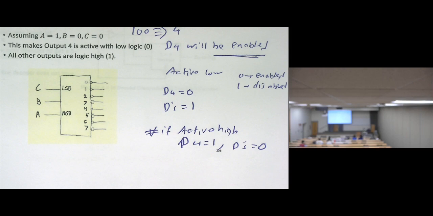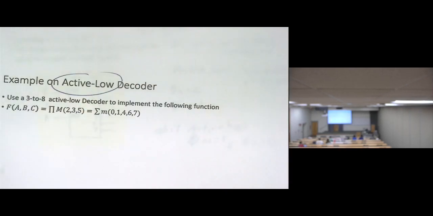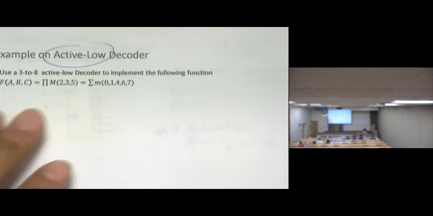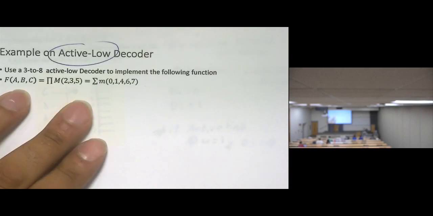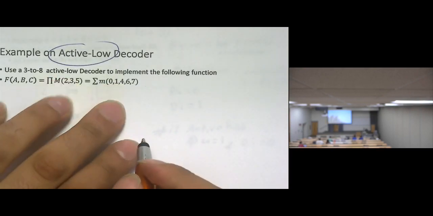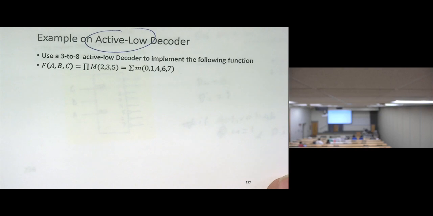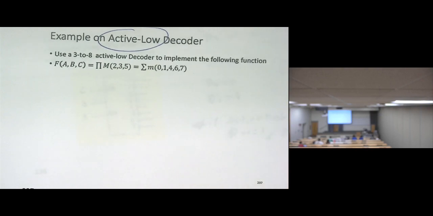Okay, let's see some examples to make sure that we understand it very well. Examples on active low decoders. Now, active low. Use Pi equals 2, 3, 5, or m equals 0, 1, 4, 6, 7.